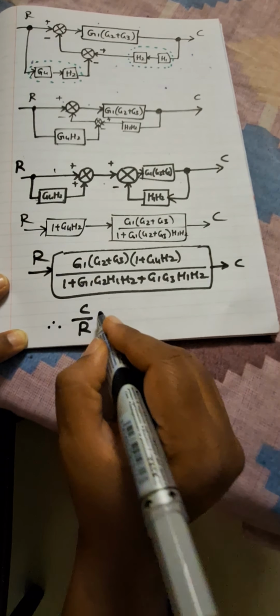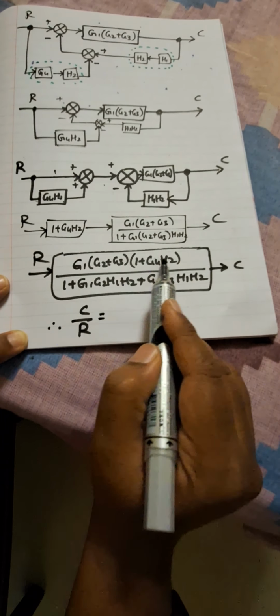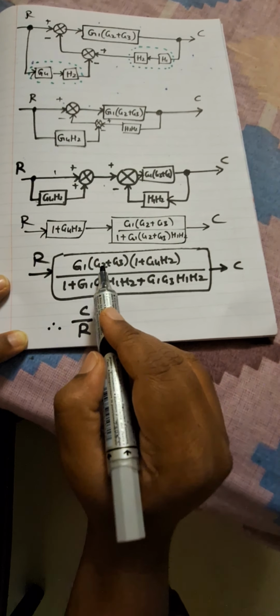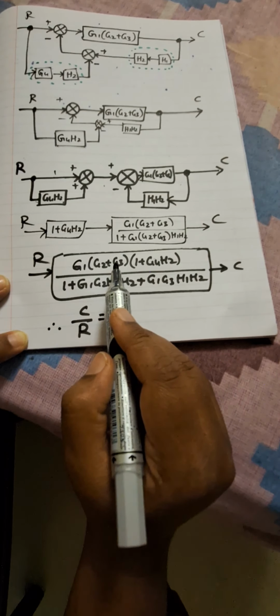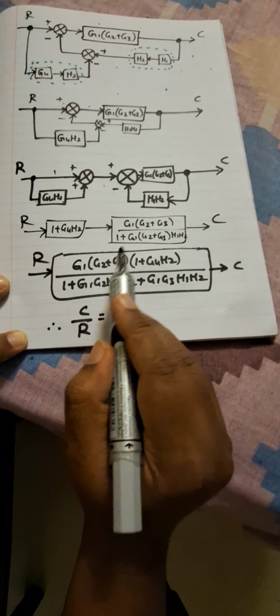Therefore, C by R, this is my requirement, the transfer function. So C by R is equal to, multiplying this, G1 G2 plus G1 G3, right, into this one.